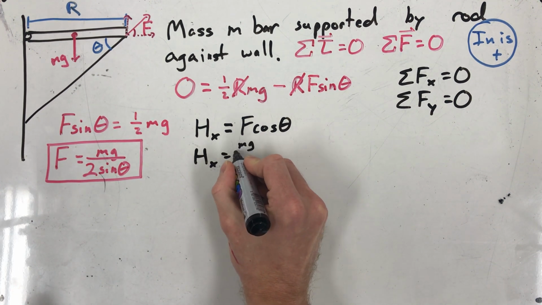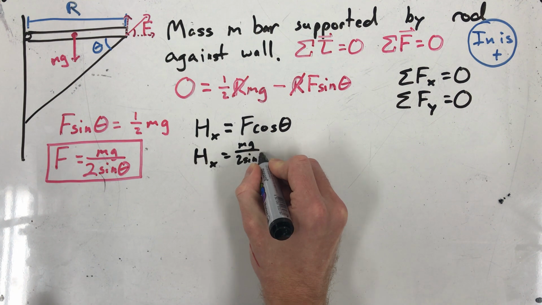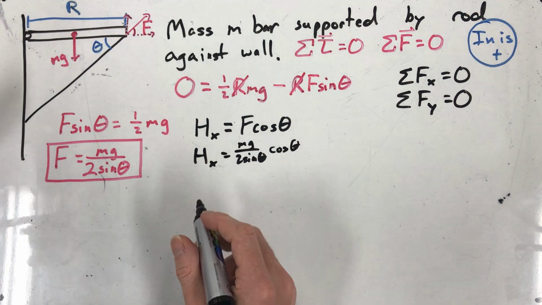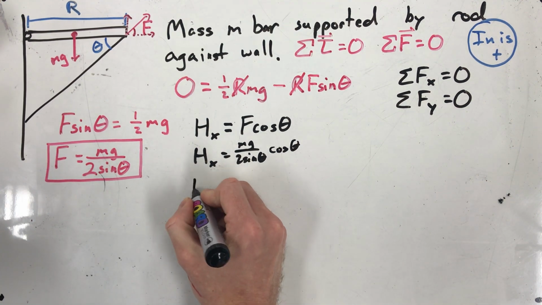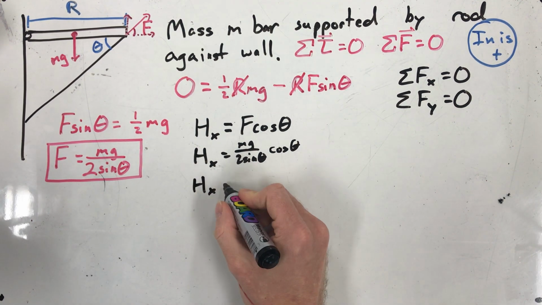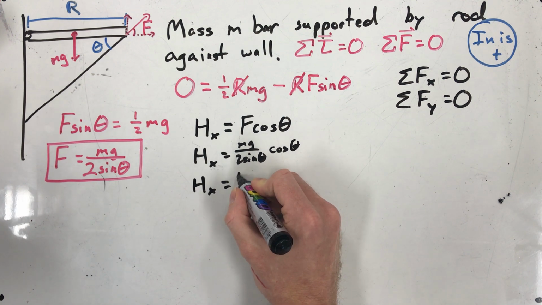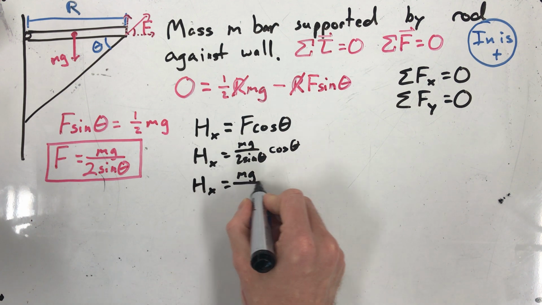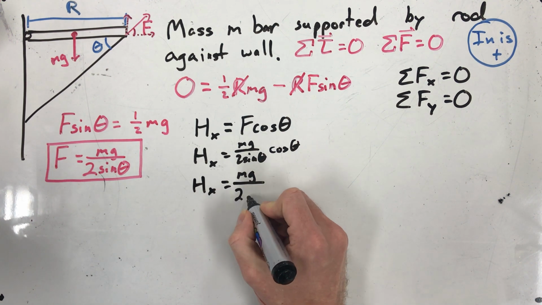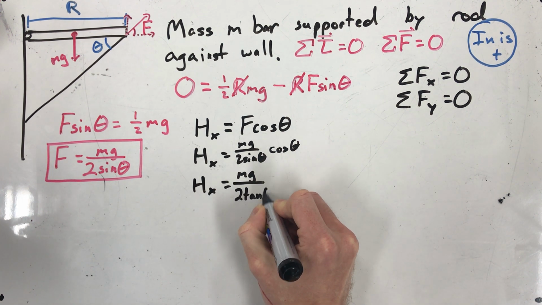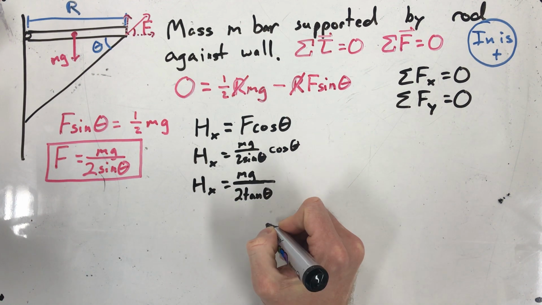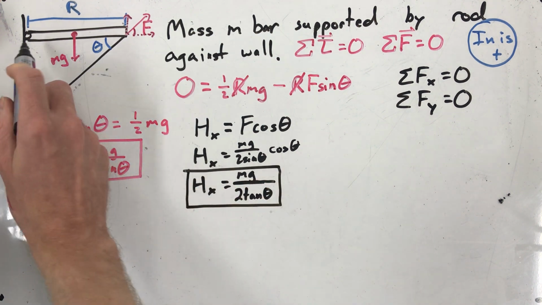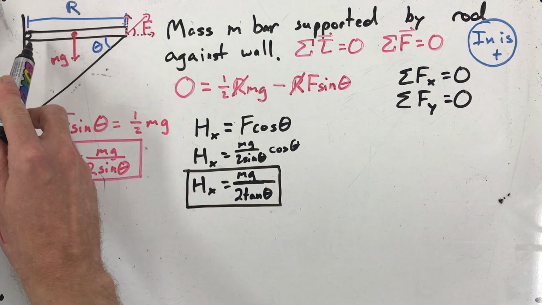It's mg over 2 sine theta. So hx is going to equal mg cosine theta over 2 sine theta, which is the same thing as mg over 2 tan theta, I believe. So there's the x component of this force from the hinge.